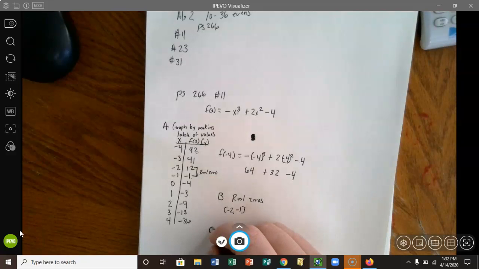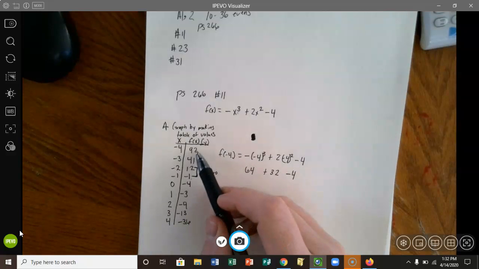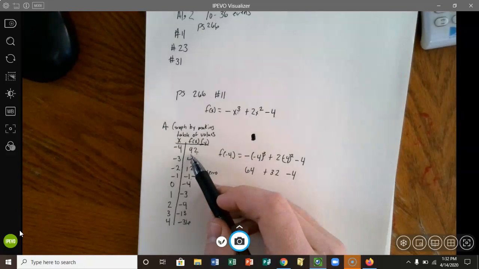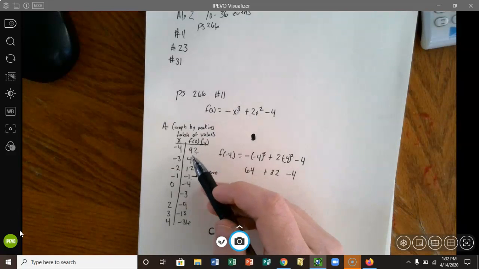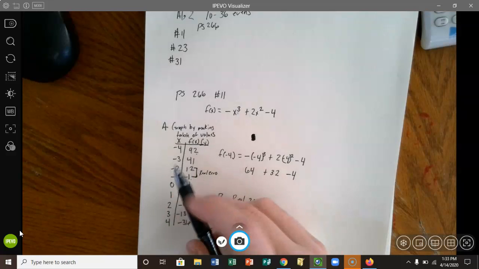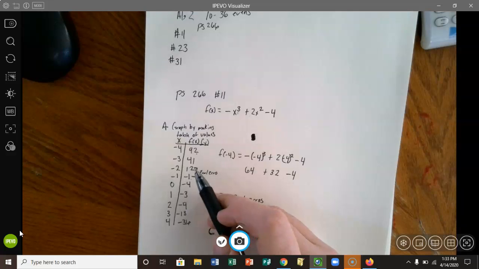Okay, and now let's look at C. This says estimate the x-coordinates at which the relative maxima or minima occur. Well, once again, for this type of problem, I'm going to be focused on my y values, but rather than looking for sign changes between y values, I'm going to be looking for where I'm increasing and then I stop and I start to decrease again.